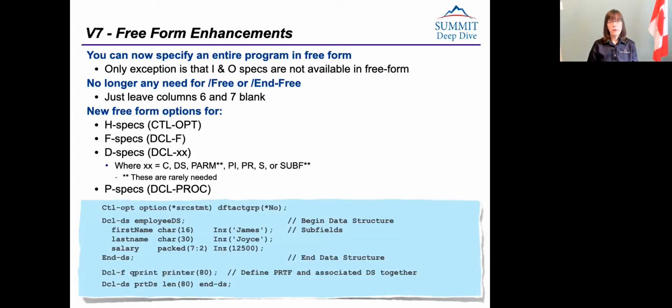The /free and /end-free can be in the code, but you know what? Take them out because they were always kind of in the way and bulky, particularly if you're using procedures and stuff. So personally, I would like to see people just making their way through that code as you're editing it and take out those /free and /end-free things, assuming that you're at 7.1 or later.